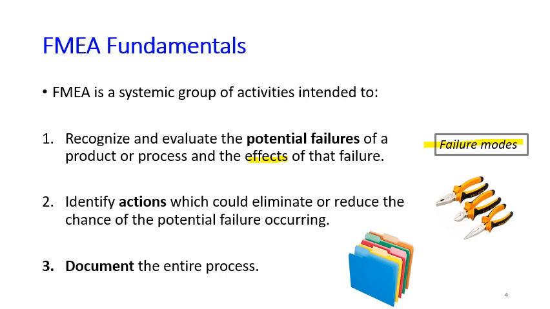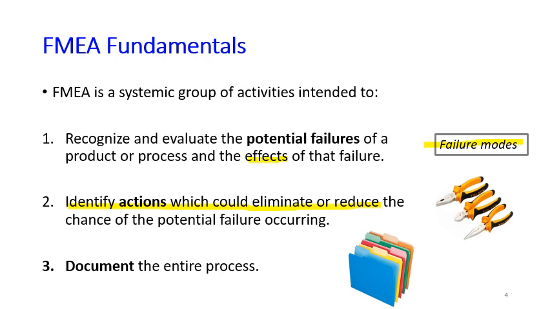Once we have done that, we identify actions which could eliminate or reduce the chance of those potential failures occurring. So again, FMEA does not give any ideas or suggestions to eliminate or reduce the potential failures, but it just guides us to think about it.